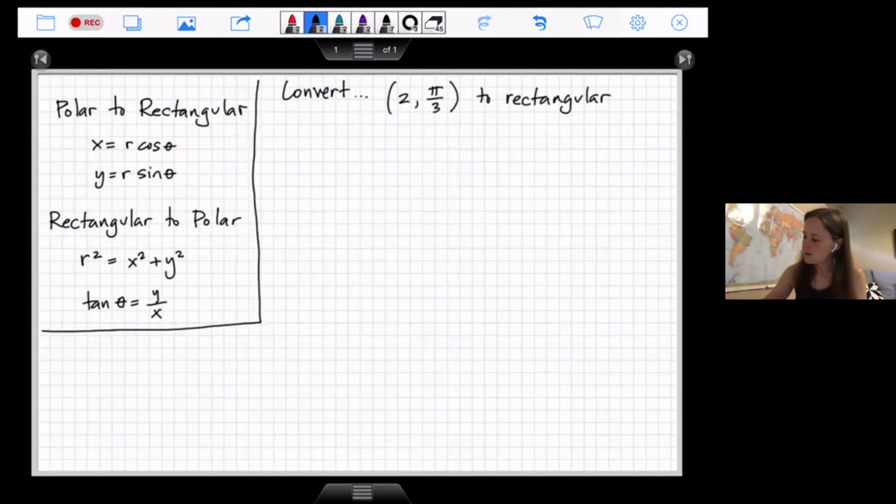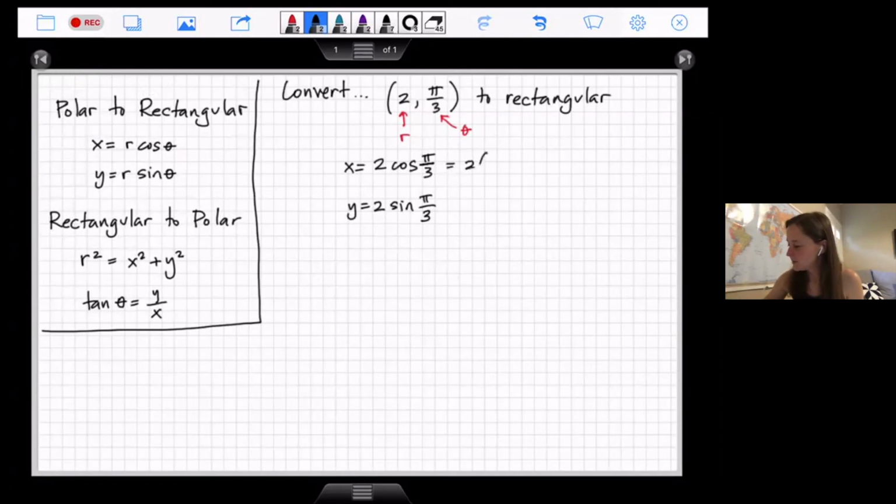All right, so this is my r, and this is my theta. Again, we always list those in that order when we're doing polar coordinates. And I'm just going to plug into my x and y formula. So x equals r cosine theta, and y equals r sine theta. Okay, so you may need to pull out that unit circle to remember what the sine and cosine of pi over 3 are. Cosine of pi over 3 is a half.